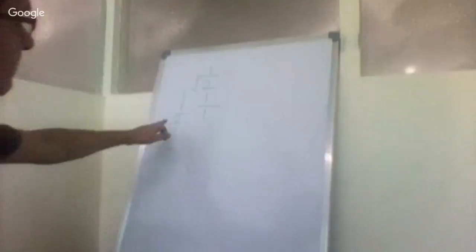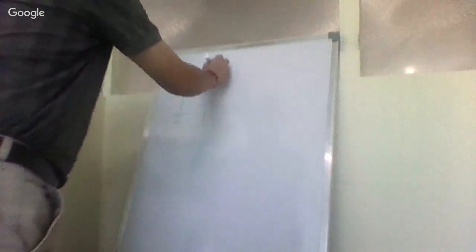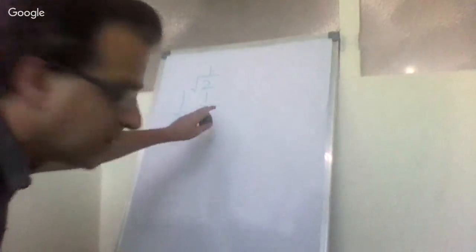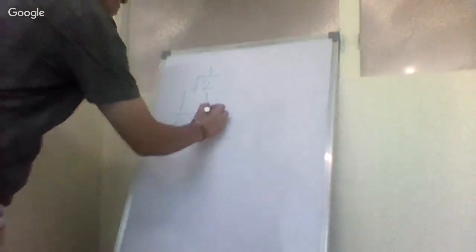In case of division also we do the same thing. Whenever this number is greater than this number, we put the decimal point over here. In case of division, whenever we put a decimal point, we put 1 zero over here. But in case of square root, whenever we put a decimal point, we always put 2 zeros over here.